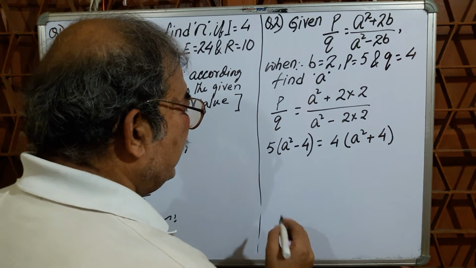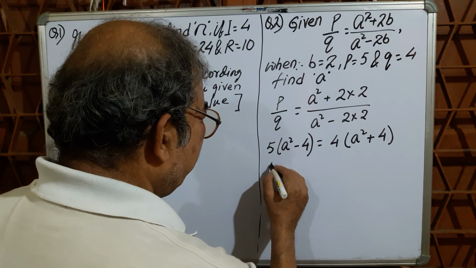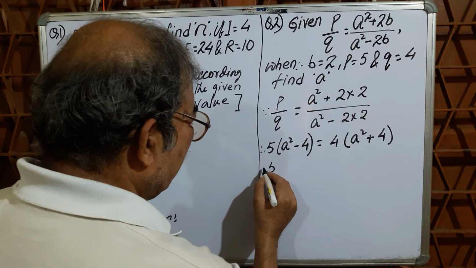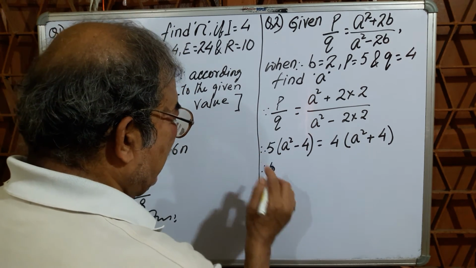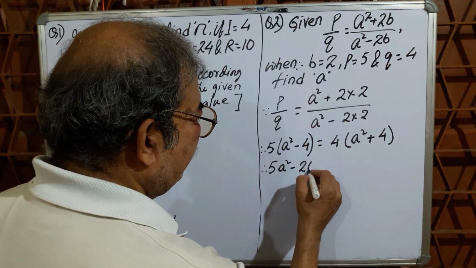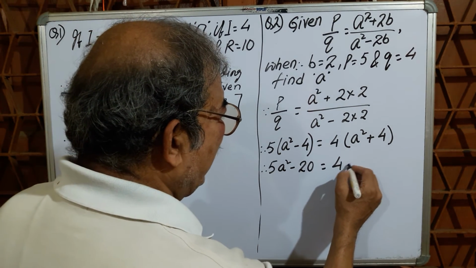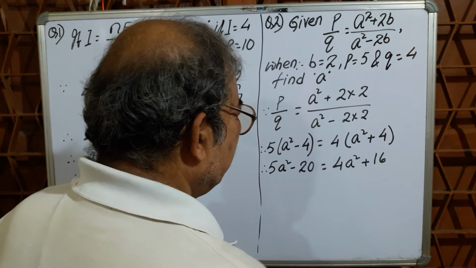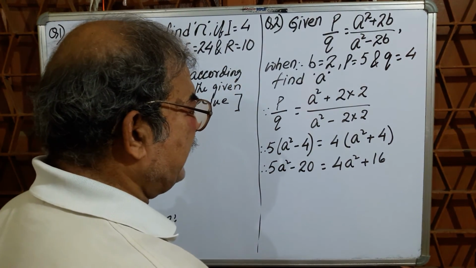Now you see 5a square, 5, you just put when sign and therefore 5a square minus 20 equal to 4a square plus 16. Just you see like this.